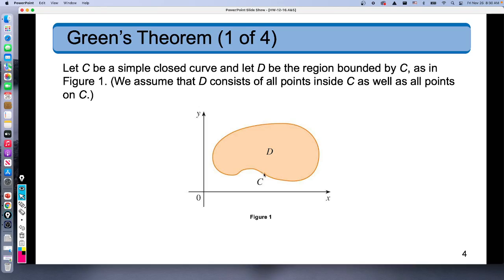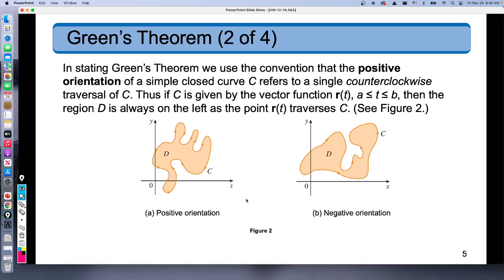One of the things we're going to look at is the orientation of that curve is always going to be counterclockwise. So the positive orientation is counterclockwise. If we go the other way, clockwise, then that will give us a negative orientation.